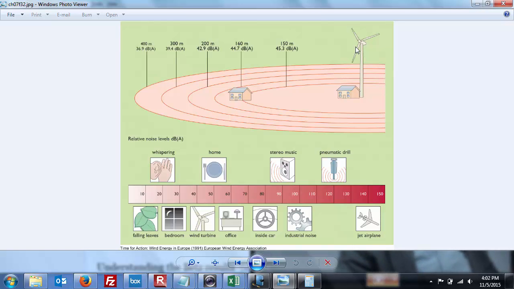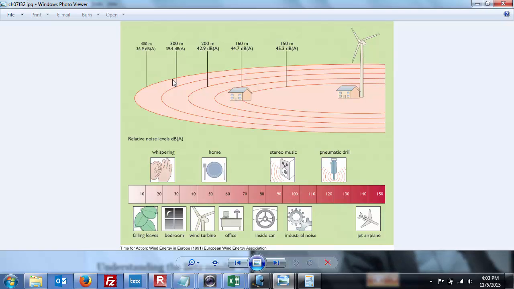Now, here are the classifications of different noises. The thing to focus on is the wind farm at 300 meters, so this is more or less your wind farm, 300 meters away. It's given in the book as 35 to 40 decibels.